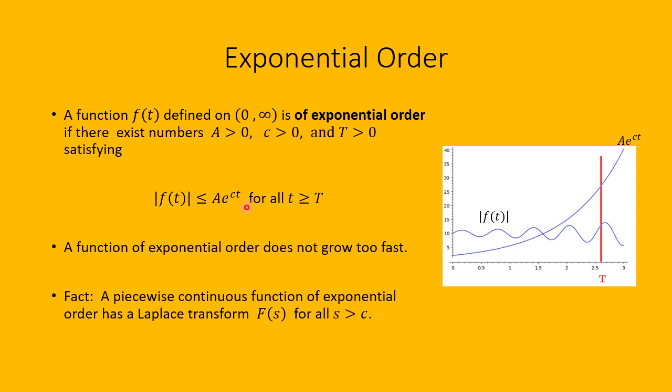That c was just some number that makes this inequality true for all lowercase t greater than or equal to that bound capital T. So what we're saying here is this situation guarantees us that for at least all s greater than c, capital F of s will be defined. The Laplace transform will exist for s greater than c.